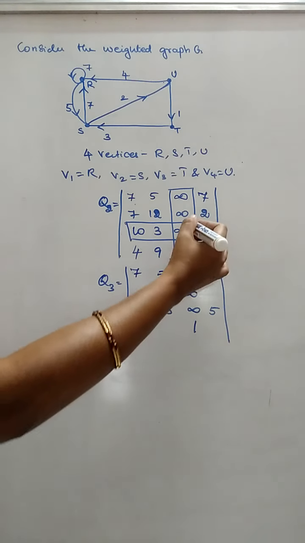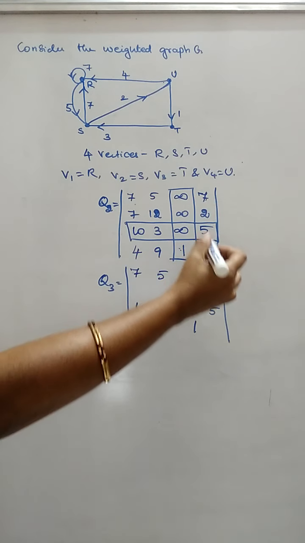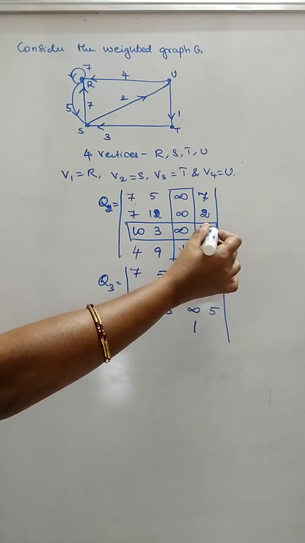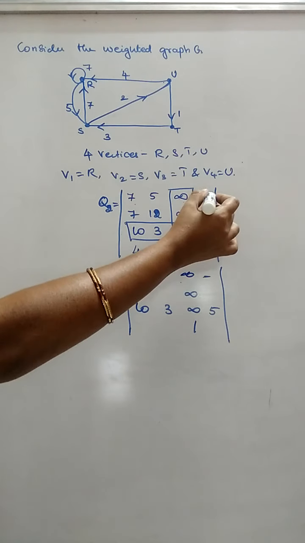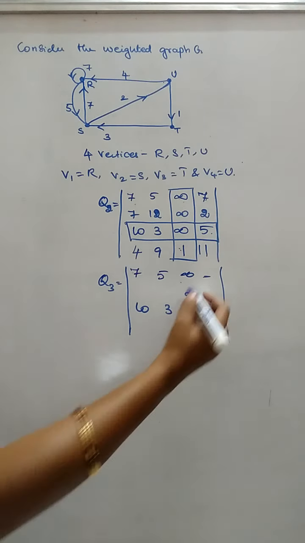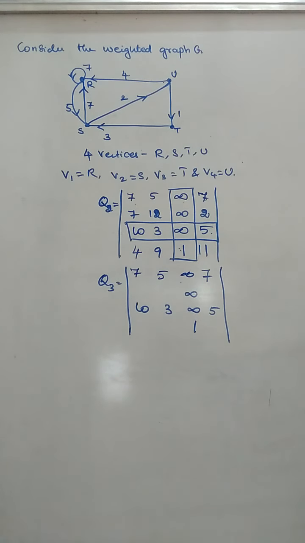Then for filling this place, you can check this one. 5 and infinity will be added. So we will get infinity. Infinity will be compared with the 7. So it means 7 is the minimum number. So we can write 7 here.